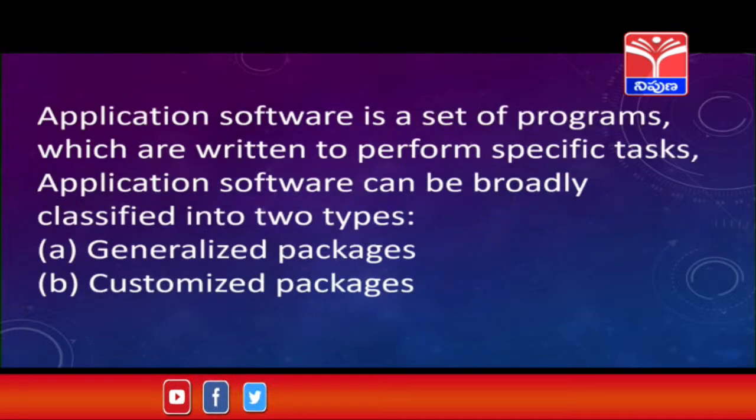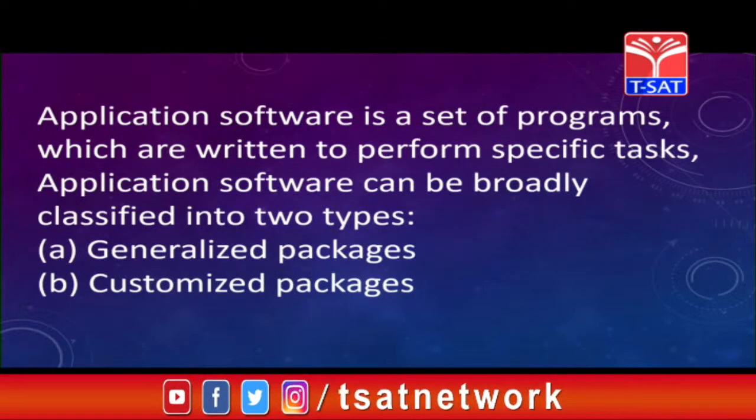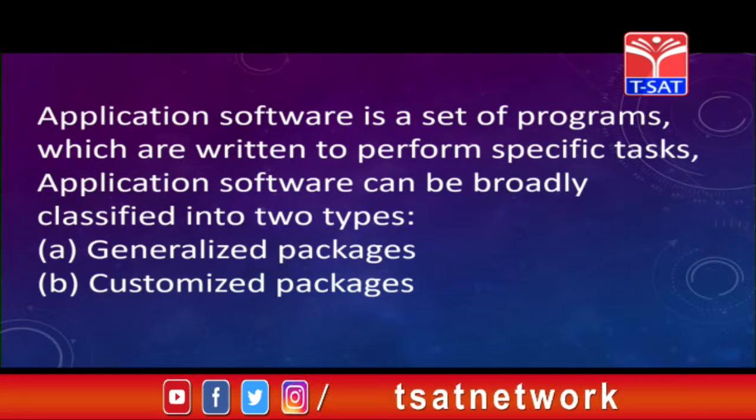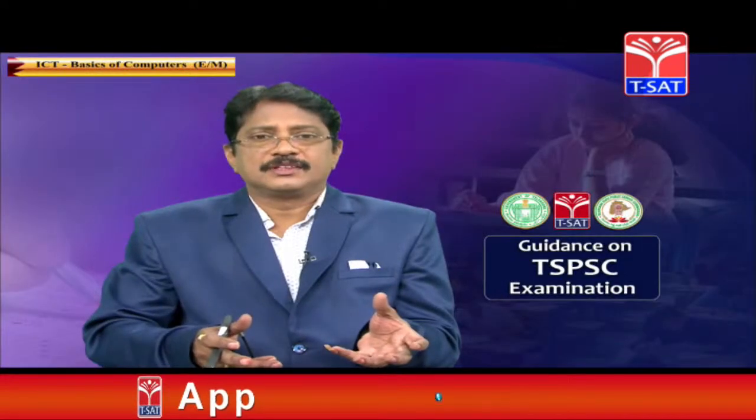Now then coming to the next one, application software. Application software is a set of programs which are written to perform a specific task and classified into two categories. The previous one is a general one, to run the computer, where the computer has to perform various tasks given by the user.